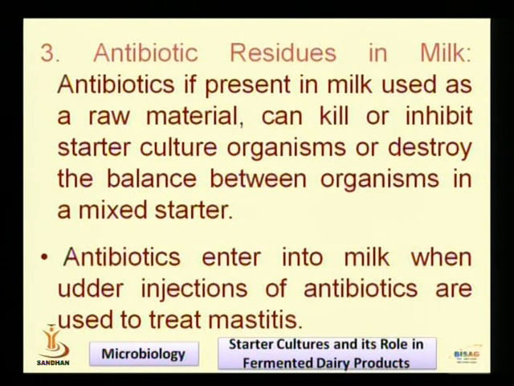Antibiotic residues in milk. Antibiotics, if present in milk used as a raw material for starter culture fermentation, can kill or inhibit starter culture organisms or destroy the balance between the organisms in mixed starters. Normally antibiotics enter into milk when udder injections of antibiotics are used to treat mastitis.